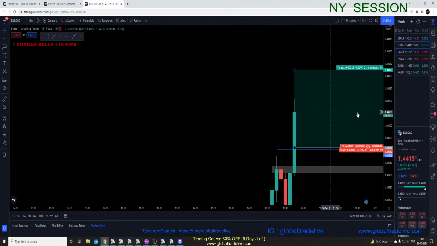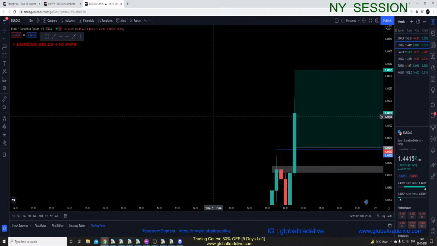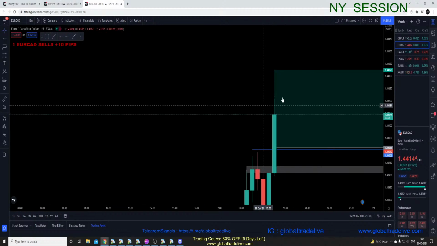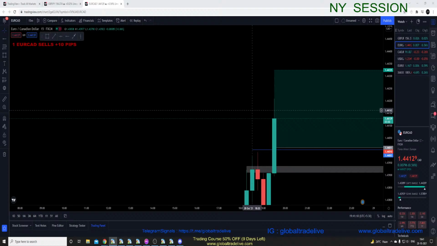So now 4 minutes left for the current 15-minute candle to close, and this candle I want to close strong bullish, otherwise it will again hit the break even.